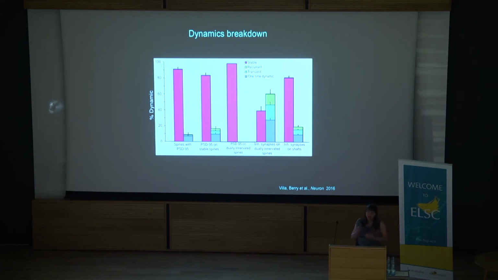So the question is, how do these relate to each other? And I think that the best way to look at that is actually to look at these two, because these are two synapses that are on the same spine, so very close to each other. What you can see is that these two synapses on the same spine represent the two extremes for each category, where these excitatory synapses are the most stable excitatory synapses, and they're paired with the most dynamic inhibitory synapses.